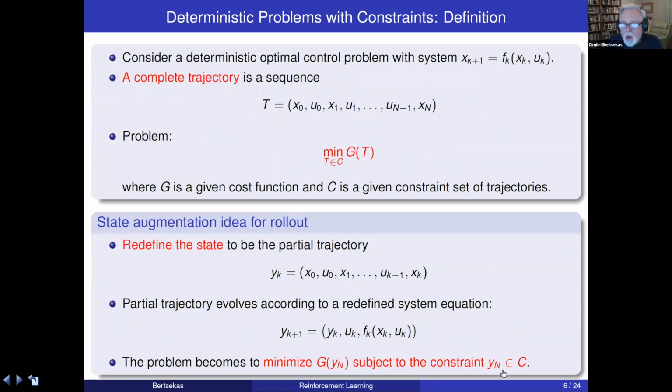So in this way, we don't have this coupling across stages where the cost function involves previous states. It only depends on the final state, and the same thing for the control. So this is one trick that we use in order to redefine the rollout algorithm to deal with these couplings across stages.